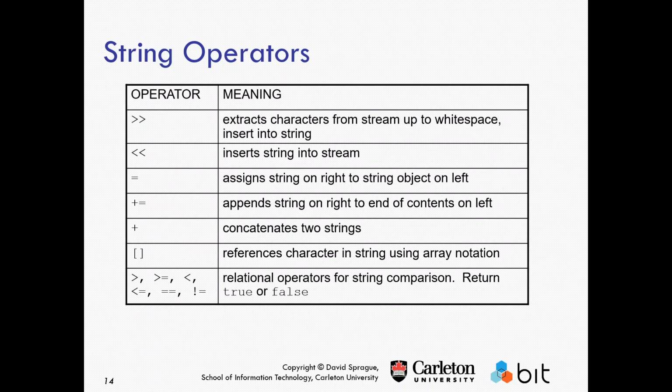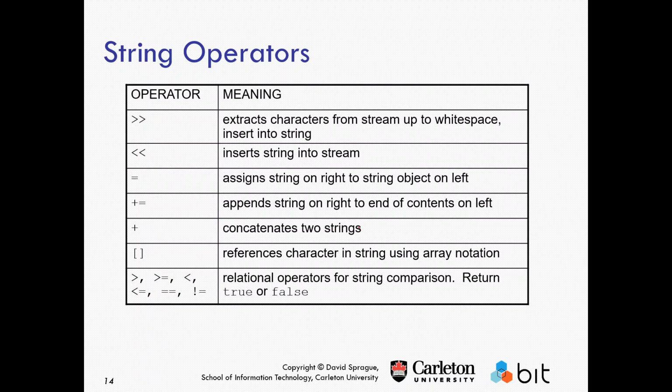We can do the same kind of operations that we did with inserting into a string. We can insert a string into a stream for standard I/O. We can cin input something into a string. We can assign values to our strings or assign strings. This will append strings to the right hand side of something.